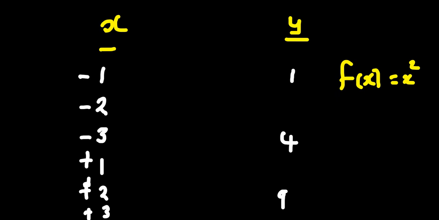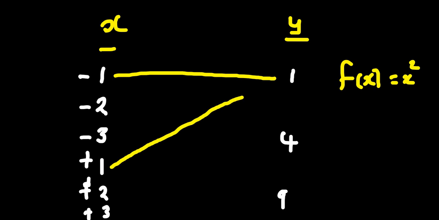So we're able to see that -1 is giving you 1. Another value that is giving you 1 is +1 when you square these ones.